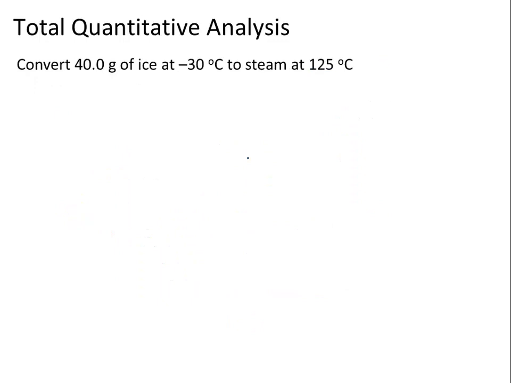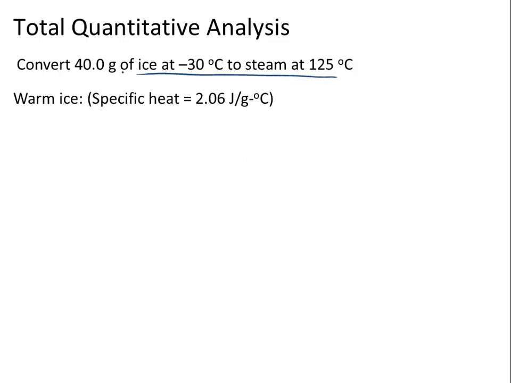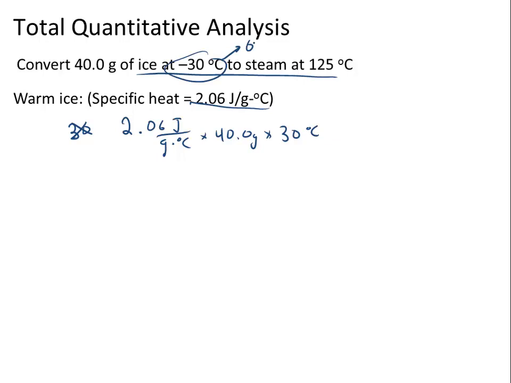So converting ice at minus 30 degrees to steam at 125 degrees, the first step is to warm the ice. The specific heat for ice is 2.06 joules per gram degree. We're going to do 2.06 joules per gram degree times the mass, 40.0 grams, times the temperature change, which is 30 degrees Celsius, because we're going from minus 30 up to 0, the melting point.